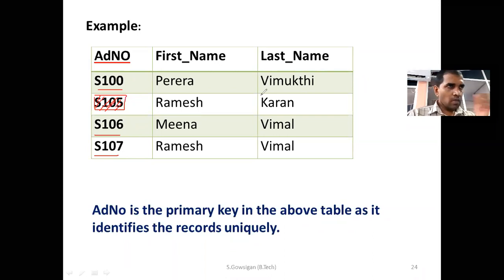Okay, right. So now listen to me very carefully. This is important. Let's identify the first record. To identify the first record, I can use S100. When I ask S100, I know that the first record is identified, like the real world example.